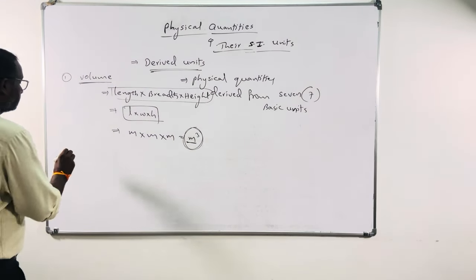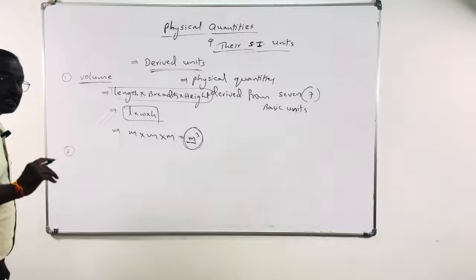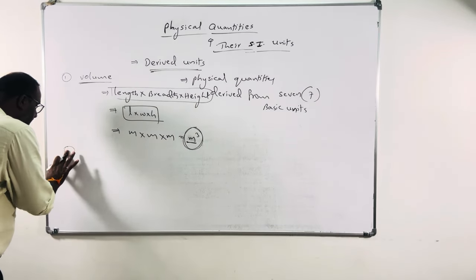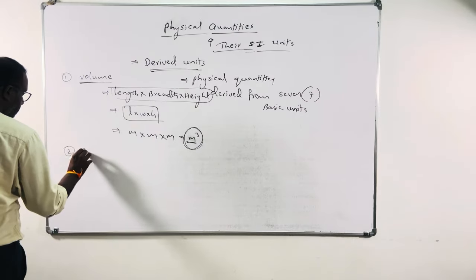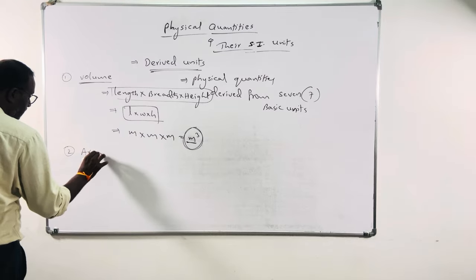The second derived unit required for chemical substances is area. It is also a derived unit.